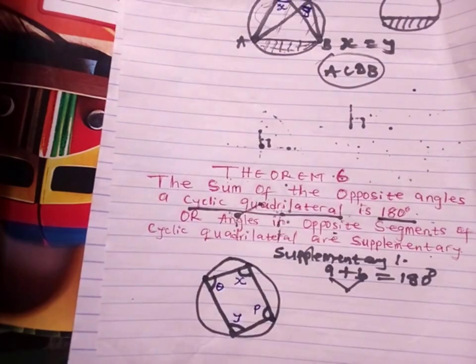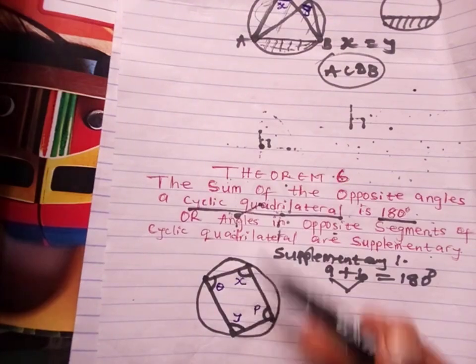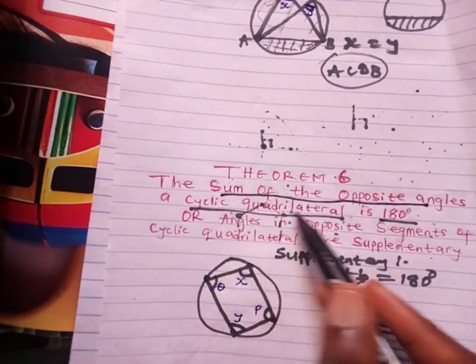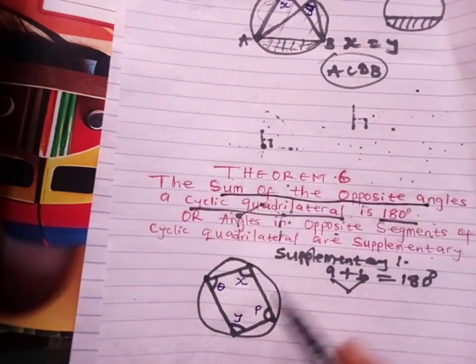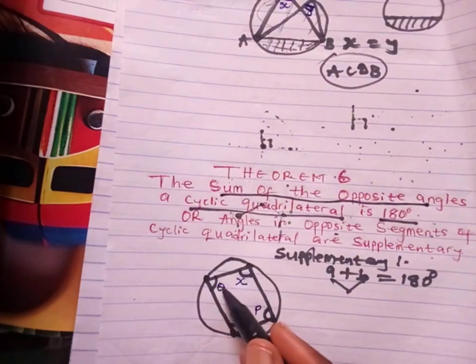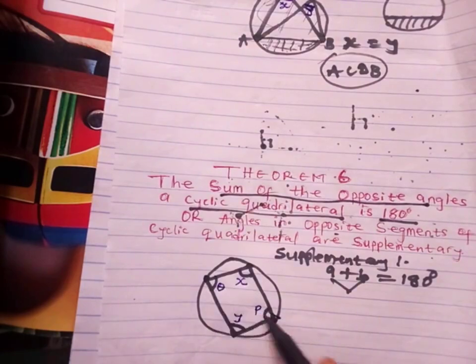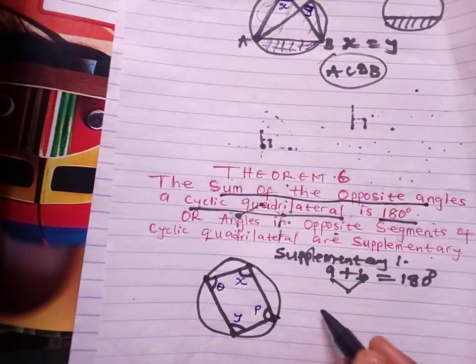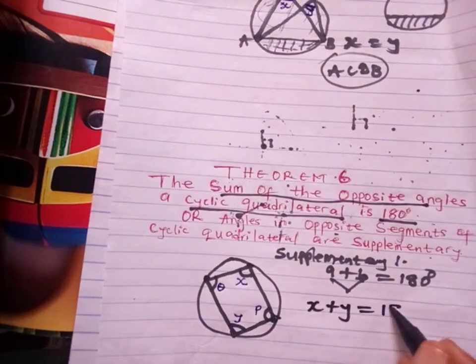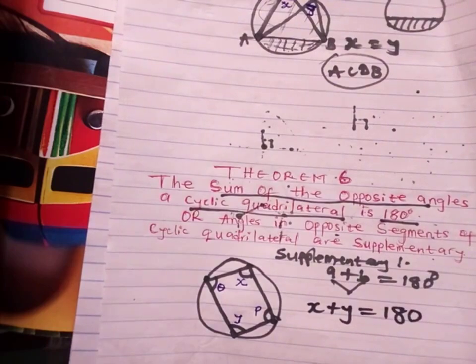Now, this law is saying that the sum of the opposite angles of a cyclic quadrilateral is 180. X is opposite to Y and theta is opposite to P. They are opposite to each other. So it means that x plus y is going to be equal to 180. They will be supplementary.